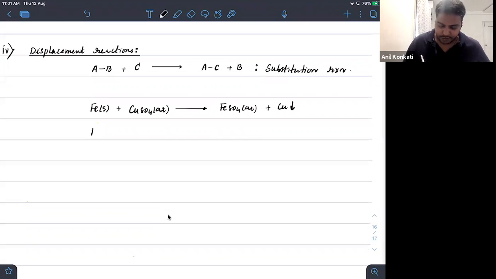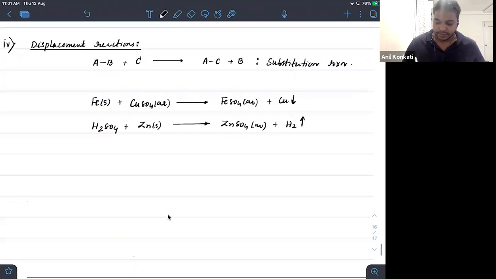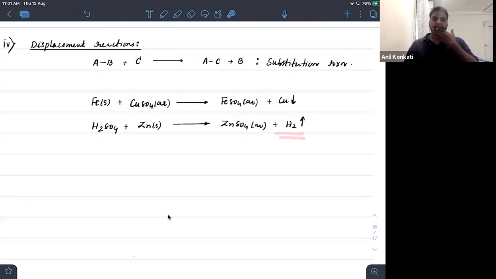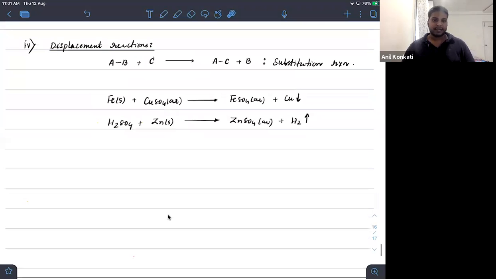Same way, if you take H2SO4 and you treat that with Zn, and if you get ZnSO4 aqueous plus H2 gas, then we say this is also a displacement reaction. So Zn has displaced both hydrogens, so we say it is a displacement reaction. Clear on that, everyone?